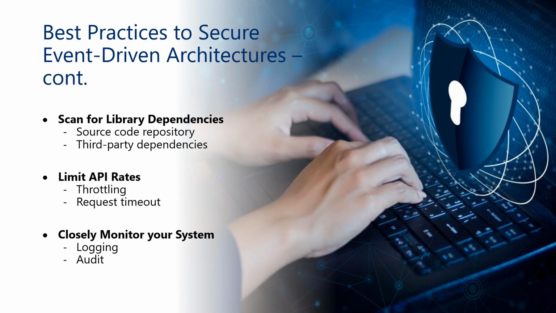Next, more of these best practices include things like scanning for library dependencies. Performing code review on third-party dependencies is crucial because popular libraries and toolkits that developers use today are often sources of software vulnerabilities. As a good practice, we need to ensure code written by others is not making our system insecure, right?